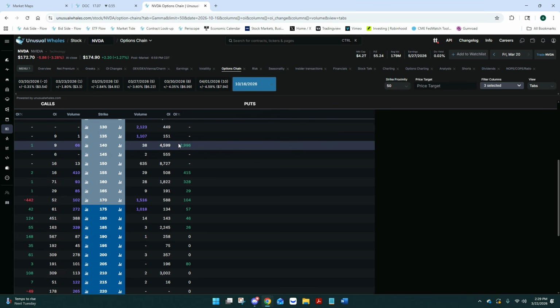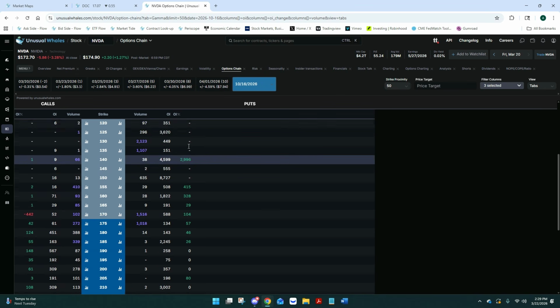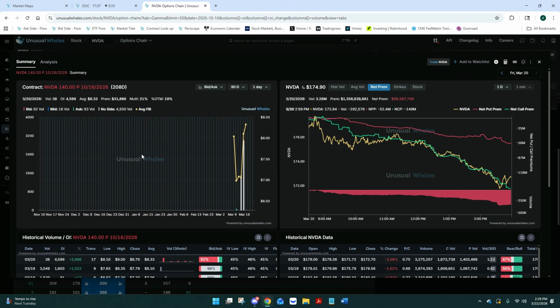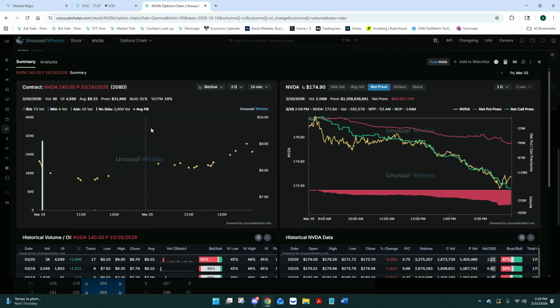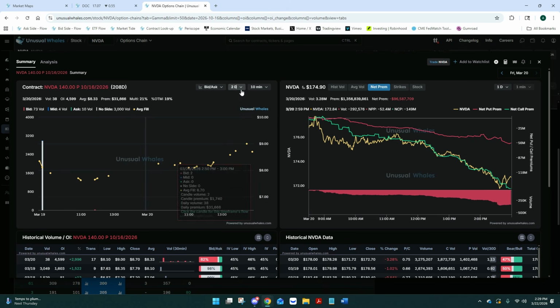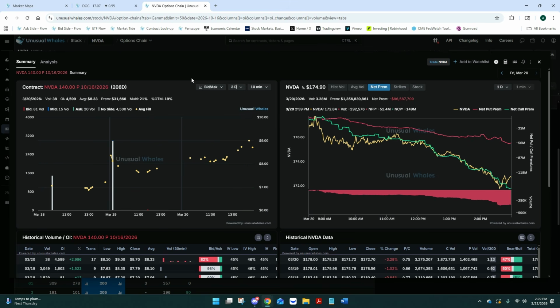We had a lot of open interest carry over into that 140 strike. So let's go look at that. You can see the last 3 days had a lot of volume here. So again, this is why it's important to look at it.